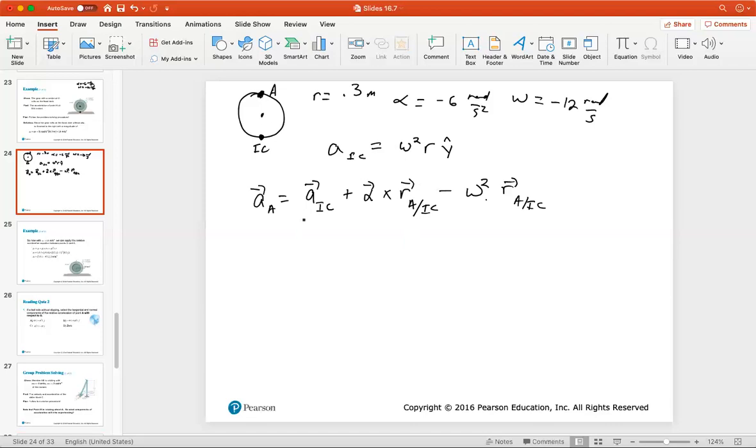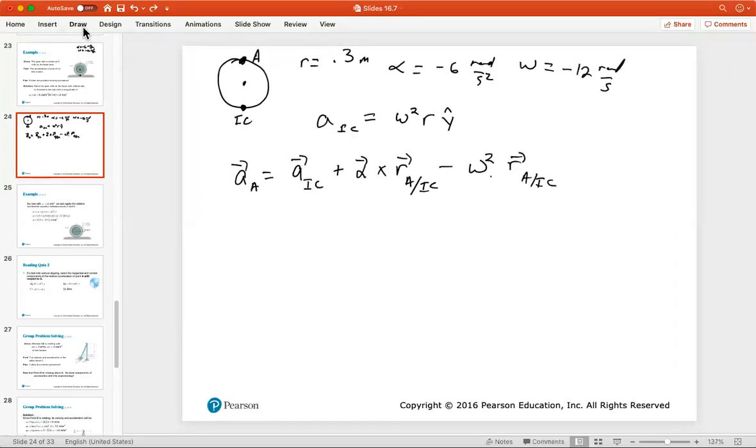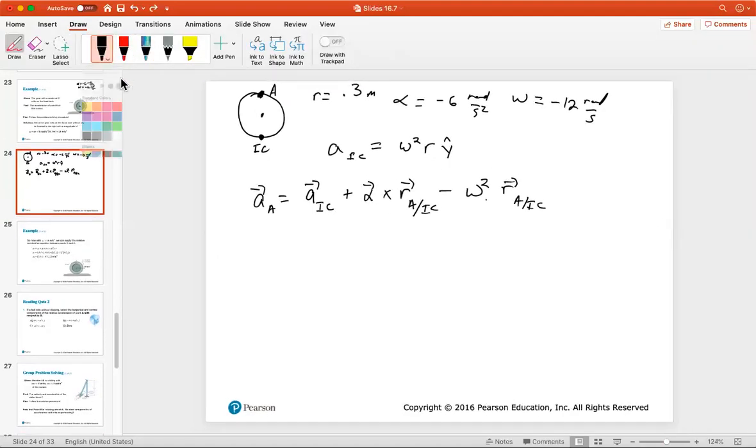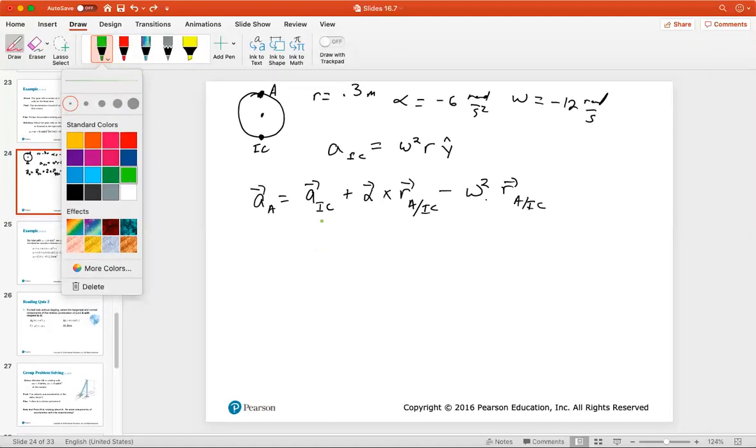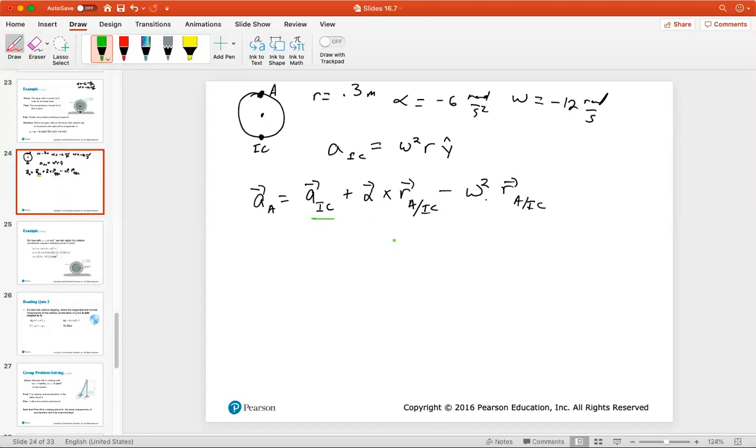I know this. Put those in green, I guess. Well, this distance is just twice the radius, so I know that, and I know omega. The problem gives that to me, and I know alpha. So this actually is a pretty easy problem because almost everything is just given to me.